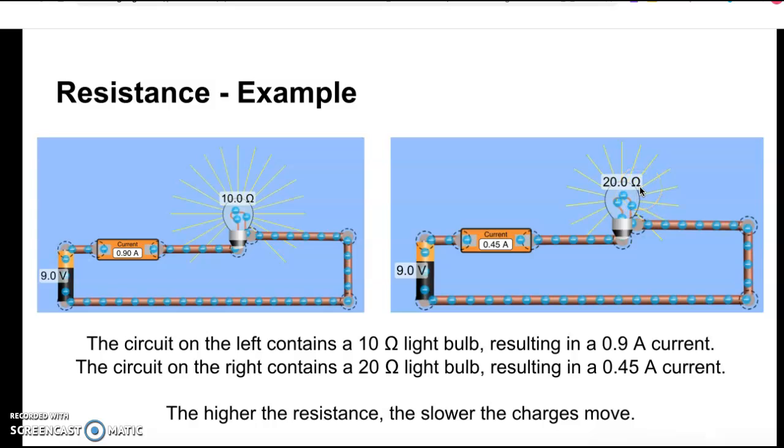So this light bulb gives more resistance. Okay, so it slows down the electrons more. That's why you'll see the current on the right-hand circuit is only 0.45 amps, whereas the current on the left circuit is higher. It's 0.9 amps because the resistance is smaller there.